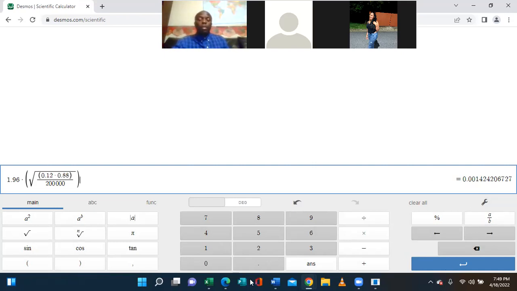Very small. With this, we can now estimate the confidence interval for the true proportion.